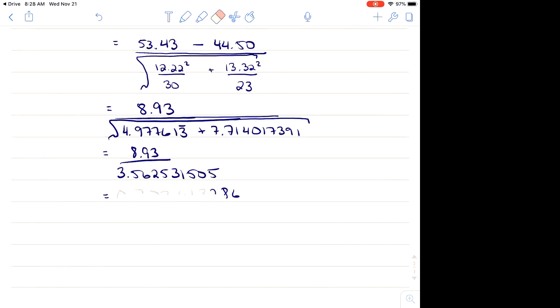Don't know what happened. This one's been sticking. Sorry, not sure what happened. I figured it out for a second there. 2.506644499. And that's what I have in my notes too. Phew.